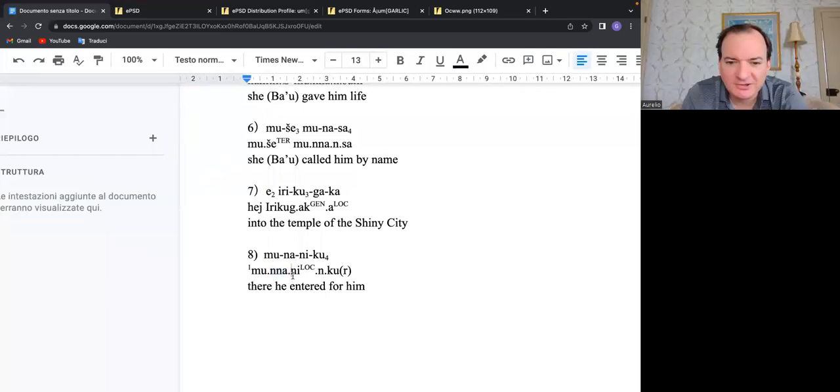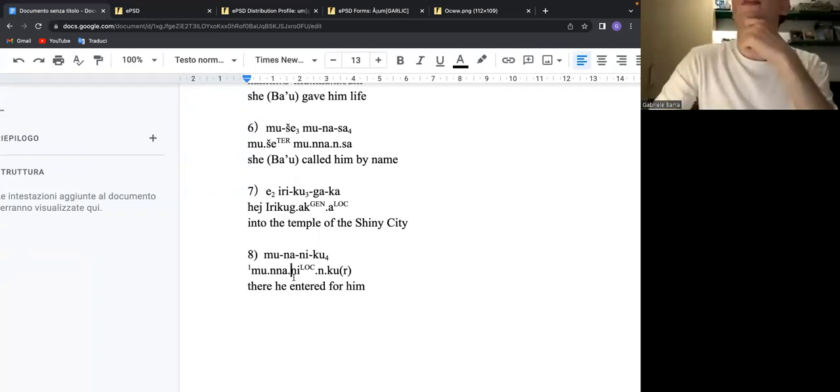And Sumerian is really not too fond of using third person personal pronouns, I think. Wait, never mind. I don't think you can have a dative na and an oblique ni in the same sentence. Okay.